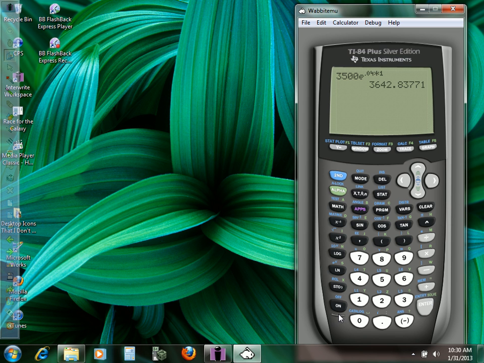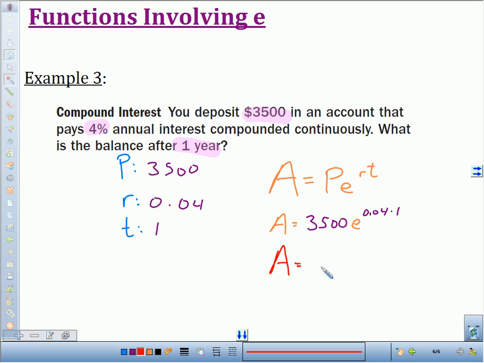Hit enter, and we're told that the amount is 3642.84, rounding it to the nearest cent. So 3642.84 is the amount of money that would be in the account if the interest is accruing, it's not leaving, after 1 year if interest is compounded continuously at 4%.